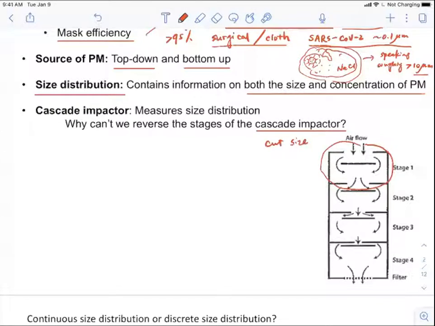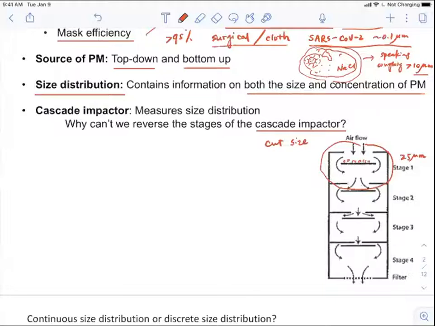For example, if this stage has a cut size of 25 micrometers, then all the particles smaller than 25 micrometers can pass through, right? Well, the particles larger than 25 can get deposited here.